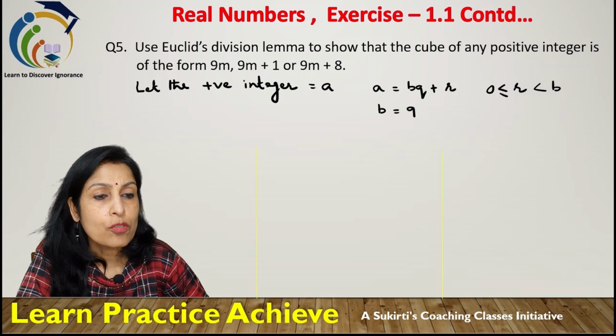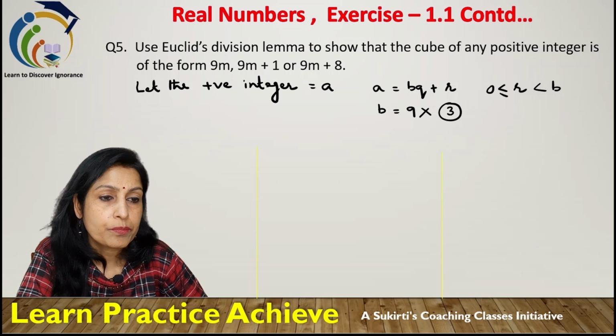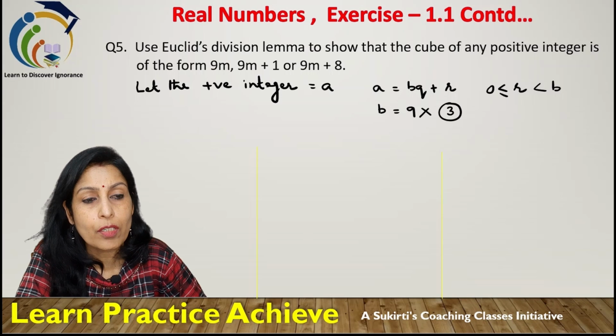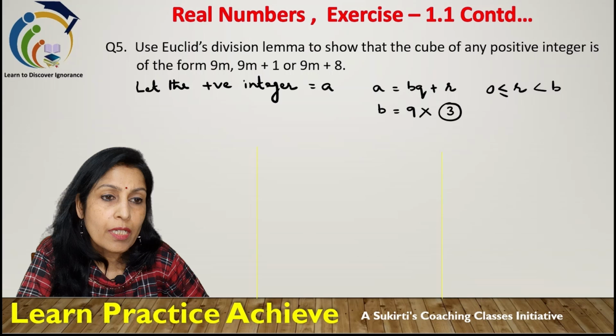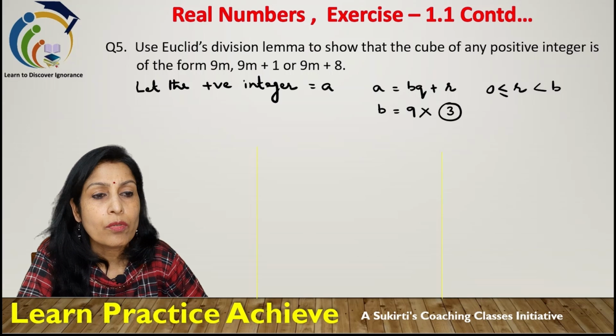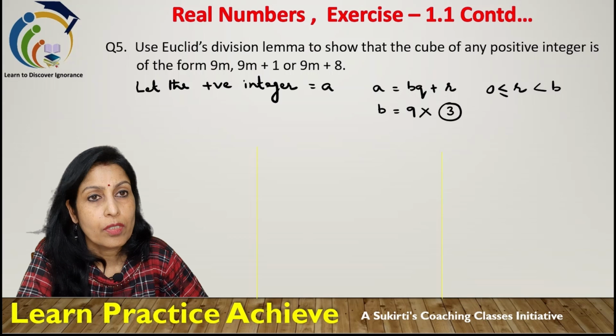Okay. So that is why in place of 9, we will not take 9, but we will take 3 as the value of b here. Why will we take 3 as the value of b? Because 3 is a factor of 9, as well as because it is a cube question. When we multiply 9 and 3, you will get 27, which is also a cube number. Okay.